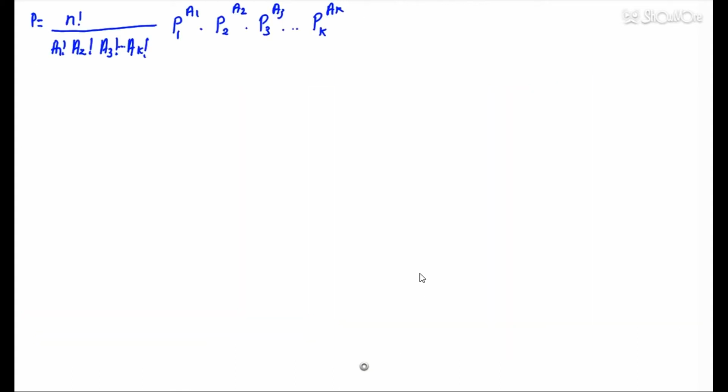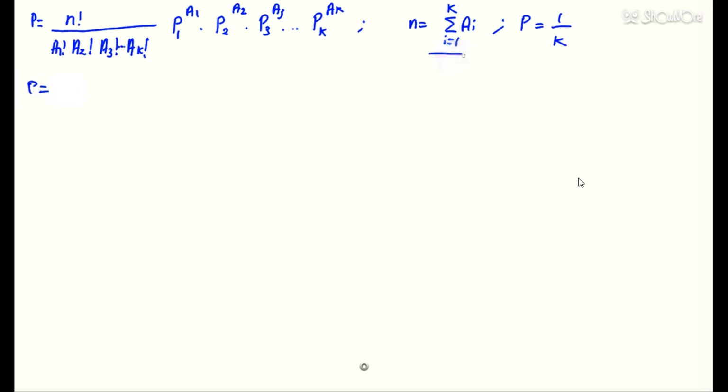Using the formula from the previous slide, we can substitute our values in this formula. We can get this also using the assumption that n, the independent trials, is equal to the sigma from i equal to 1 to k of a_i. Using the fact that the probability is equal to 1 over k, where k is the number of possible outcomes, we can substitute this in our equation.